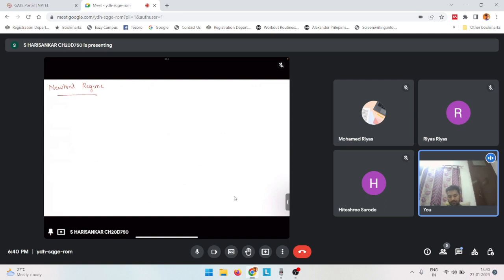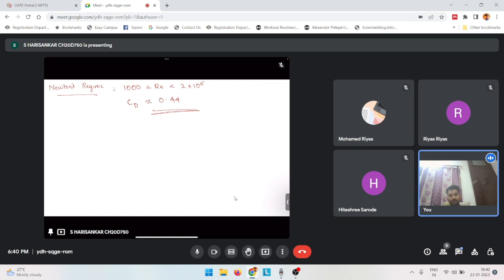In Newton's regime, the Reynolds number usually sits in the range of 1000 to 2 into 10 raised to 5. In this case, we can approximate the coefficient of drag CD as 0.44. So we'll do the same thing.